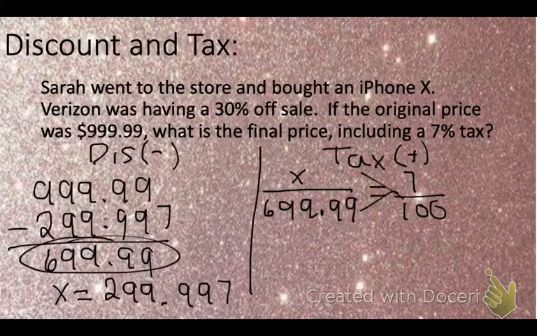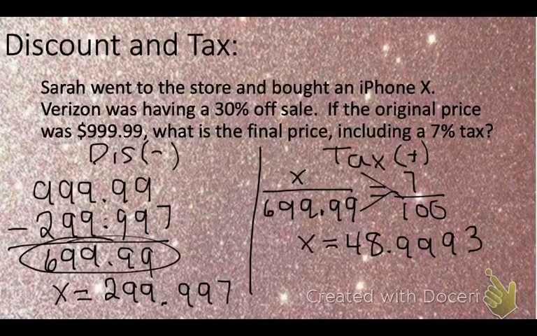And I'm not going to actually solve it because I think you can show the work on your paper. So 699.99 times 7 divided by 100. X is going to equal 48.9993, right? And so, again, that's obviously not my final answer because I'm not just paying $48.99.